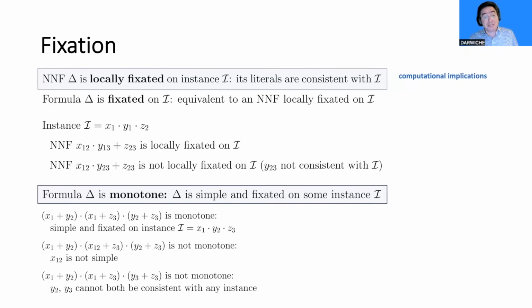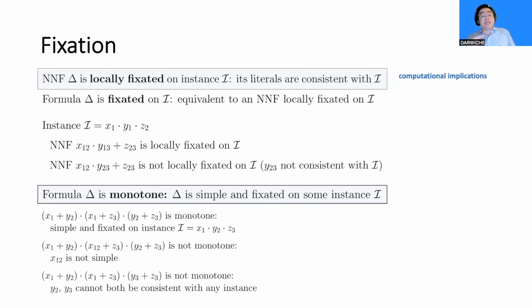So it is fixation with simplicity. Here are three examples. This one is monotone: it is simple and fixated on this particular instance. This is not monotone because it's not simple. And this is not monotone because these literals cannot be consistent at the same time with any instance, and so on.